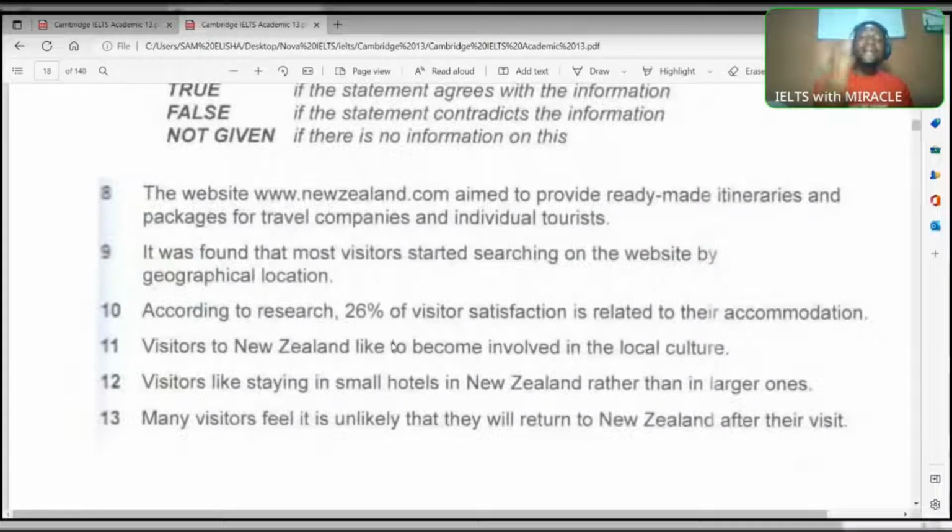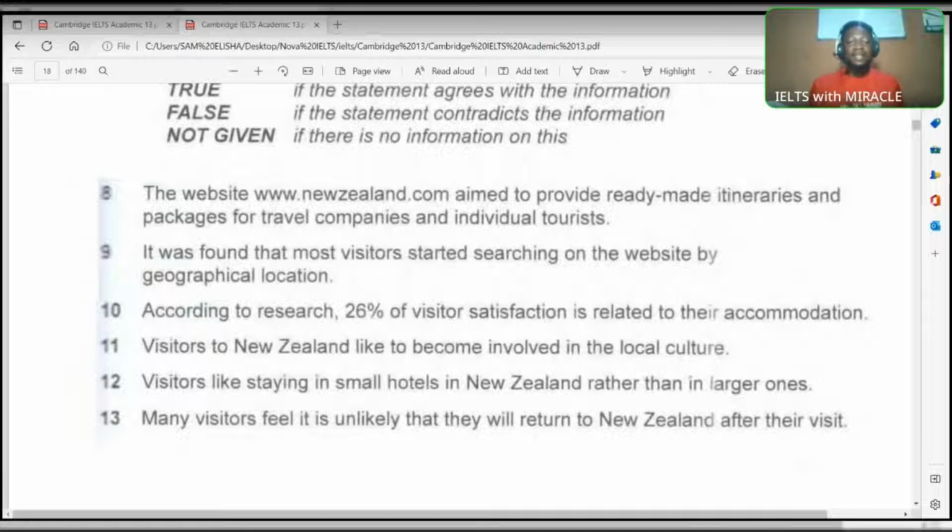The moment we notice that there are qualifiers in the statement, our best guess will be not given. The moment the statement contains qualifiers like very, most, such as, only, or you notice that there is a comparison between this and this.